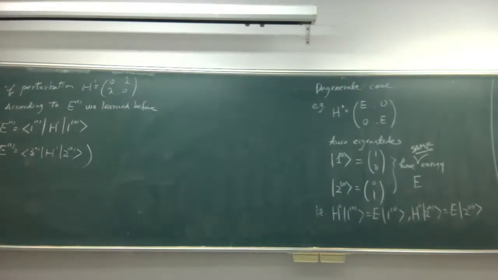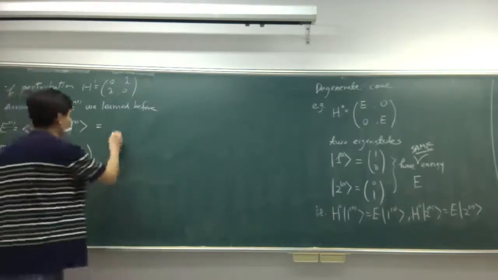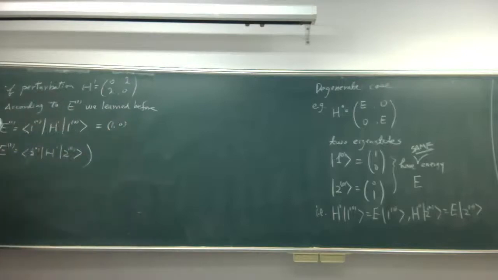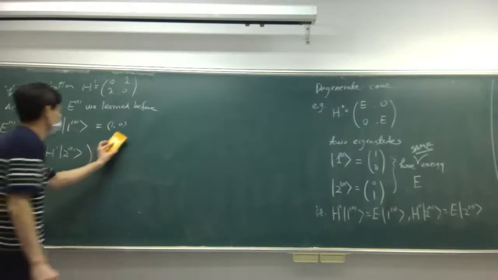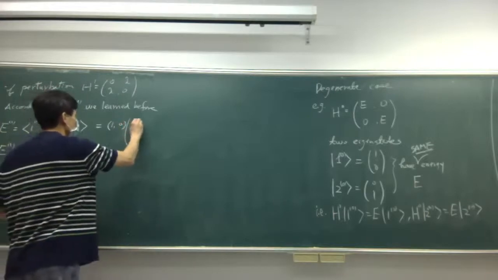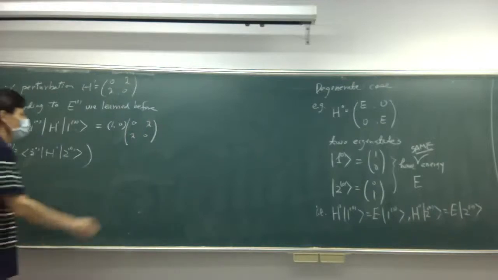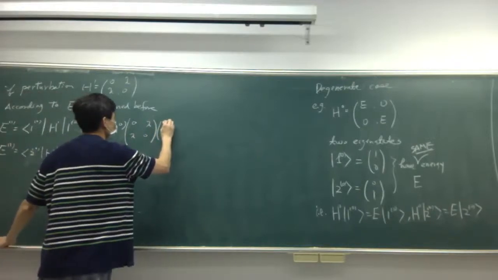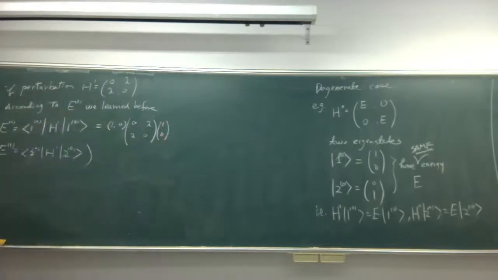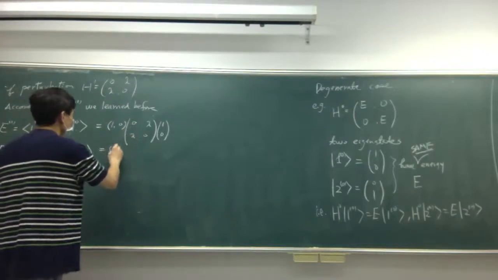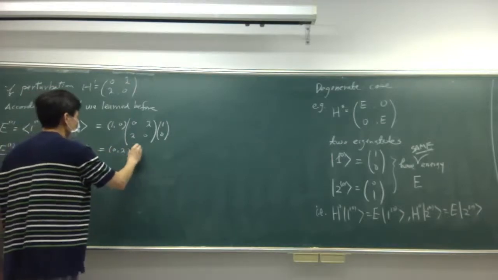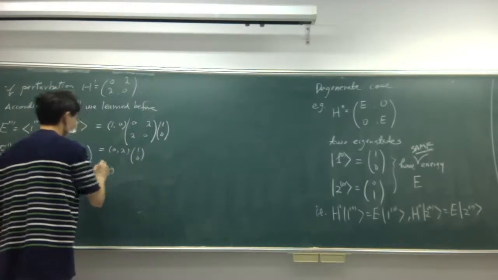When you plug this in, I find 1 0 times the matrix 0 lambda, lambda 0 times 1 0. You immediately see this is 0.